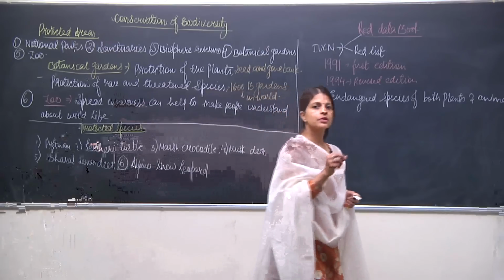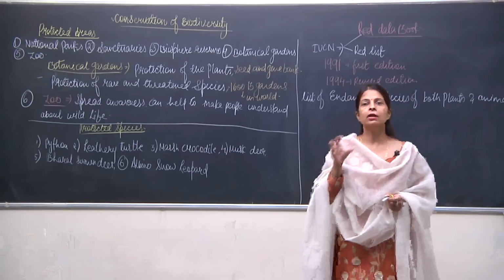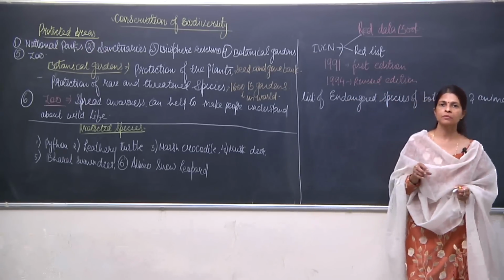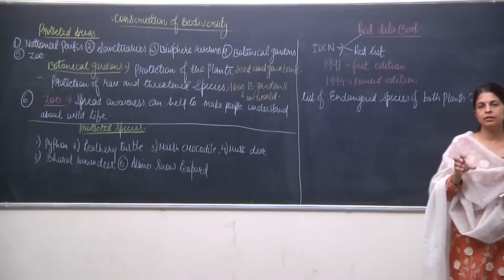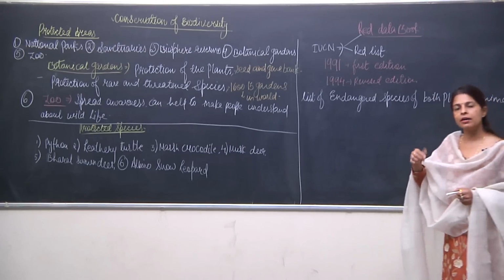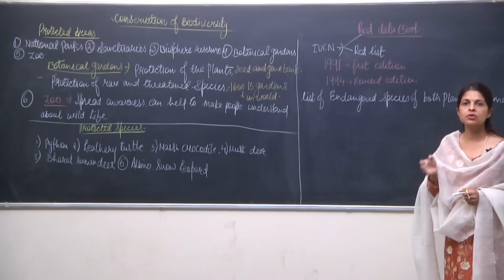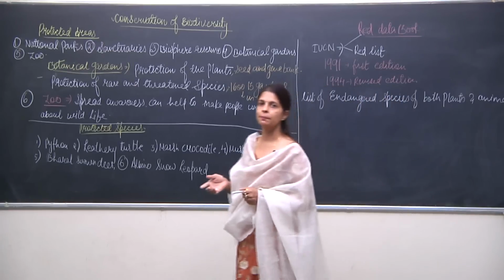While making this list, the whole world, the complete earth, is taken under consideration. So the names of the species are coined over there, which are endangered, very close to becoming extinct species.